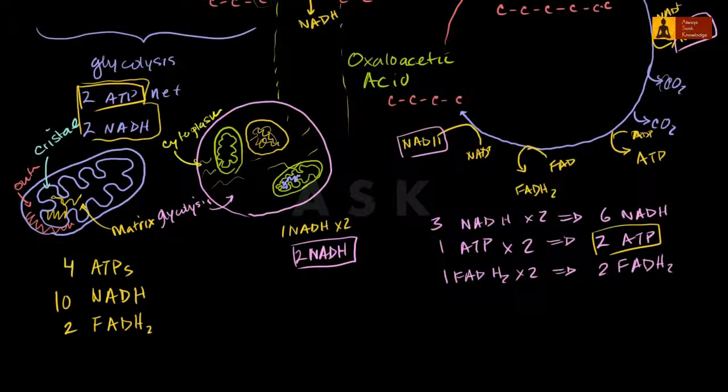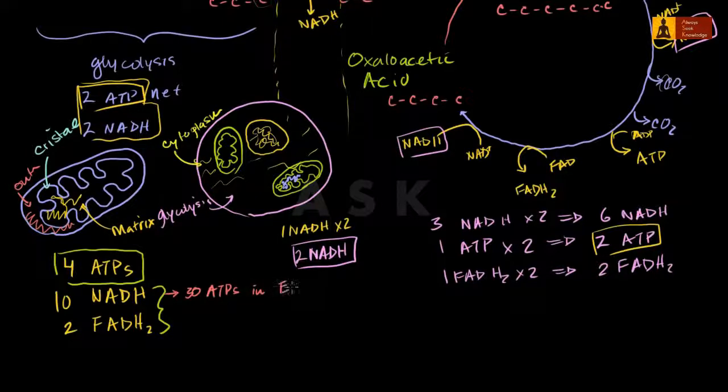And so you might say, hey, where's our 38 ATPs? We only have 4 ATPs right now. But these are actually the inputs in the electron transport chain. These molecules right here get oxidized in the electron transport chain. Every NADH in the electron transport chain produces 3 ATPs. So these 10 NADHs are going to produce 30 ATPs.